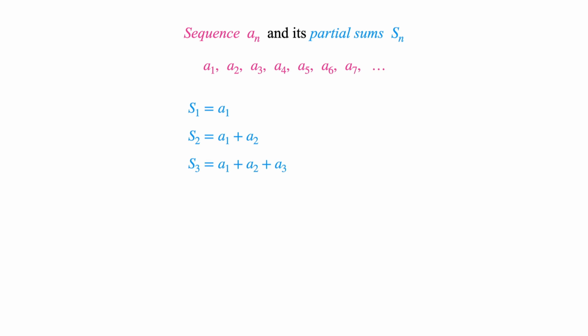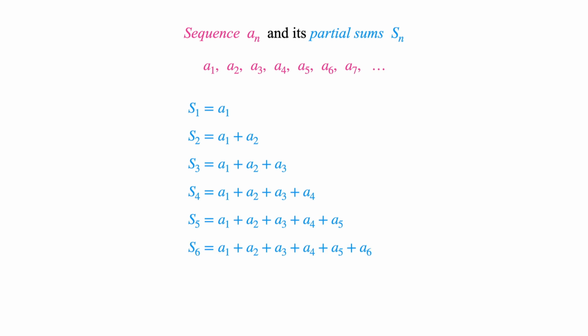And then you can probably guess the third sum, the fourth, fifth, and so on and so on. And if it shows that these numbers which we get kind of stabilize on some number, then we can say that this number can be defined as the sum of this entire sequence.